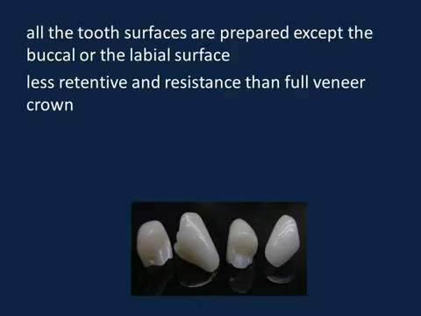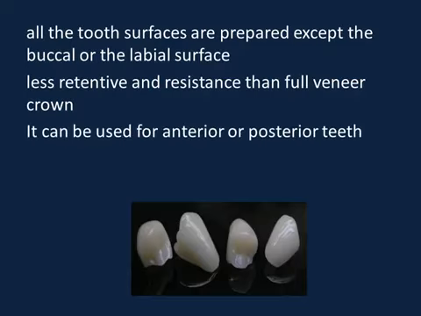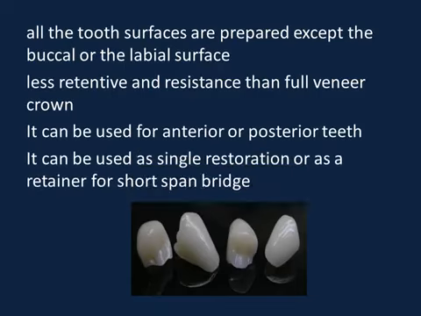So, this type of crown will be less retentive and resistant than a full veneer crown. It can be used for anterior or posterior teeth. It can be used as a single restoration or as a retainer for a short span bridge.